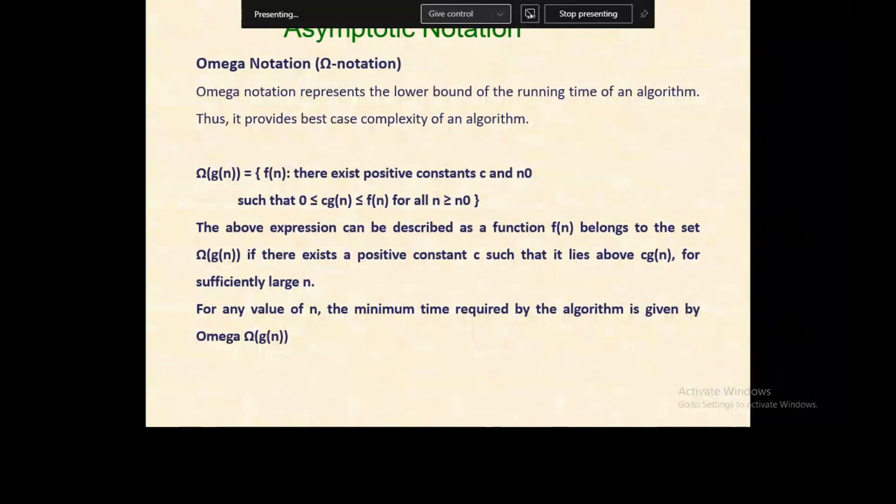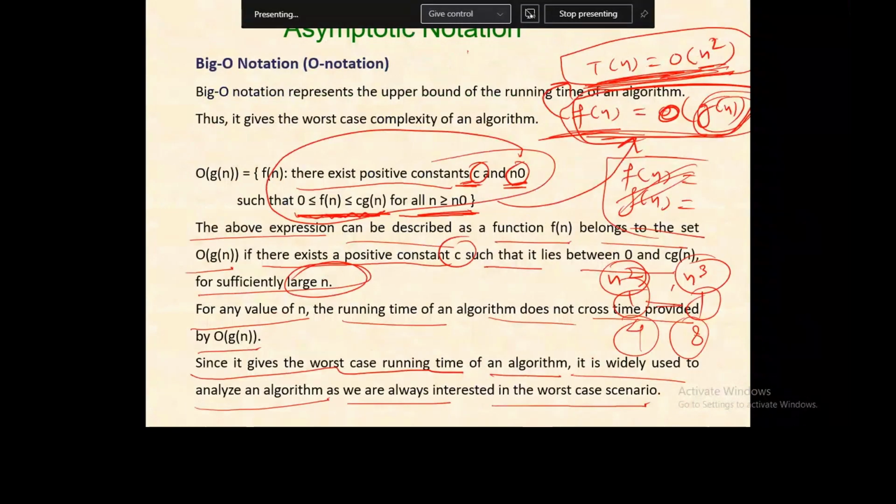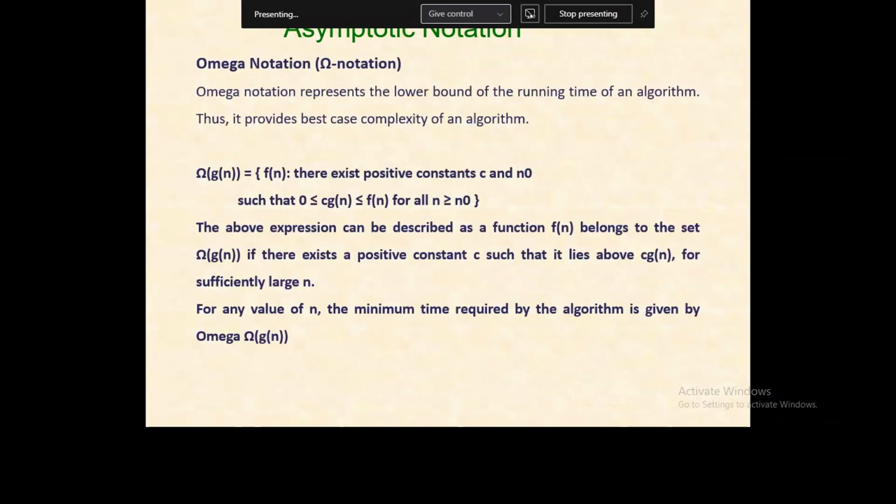Okay, this is clear here. It means if we want to denote the worst case time complexity, or the maximum time requirement, or the worst case scenario, then we will use the big O notation only. Now that was our worst case. Now let's come to another notation, omega notation.